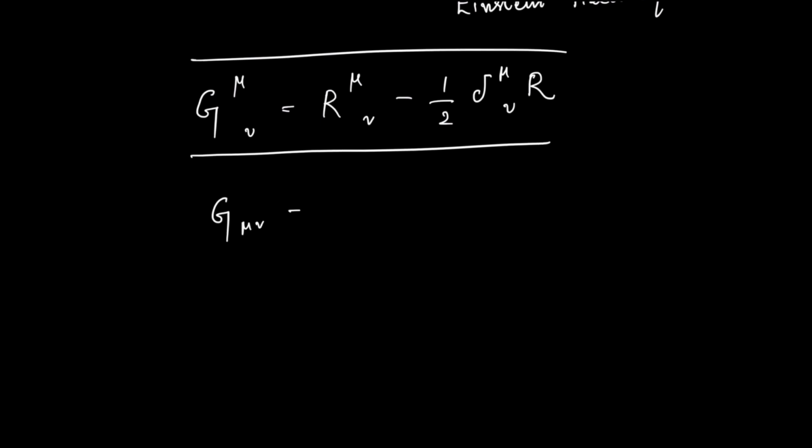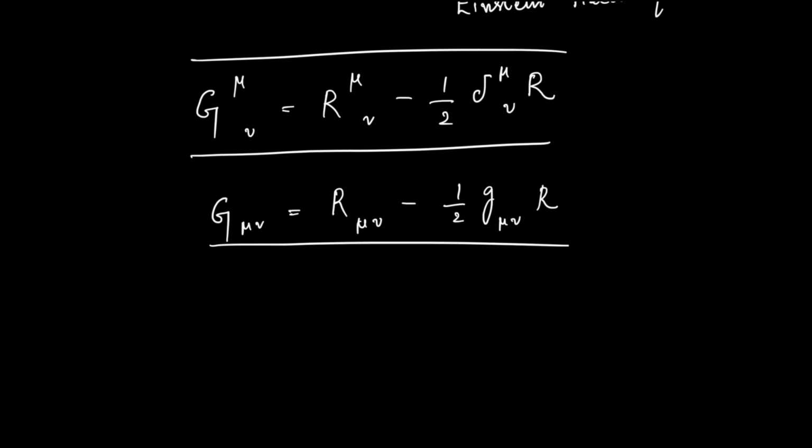G mu nu is equal to R mu nu minus half g mu nu R. This is the fully covariant form.